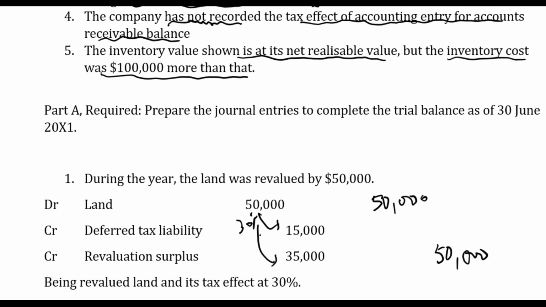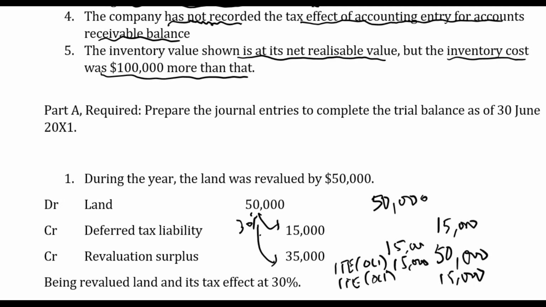And we have the deferred tax liability of 15,000, and we debit income tax expense of other comprehensive income 15,000. And at the end of the year, we credit that other comprehensive income 15,000, and we transfer that as a debit to revaluation surplus. Therefore, revaluation surplus becomes 35,000.